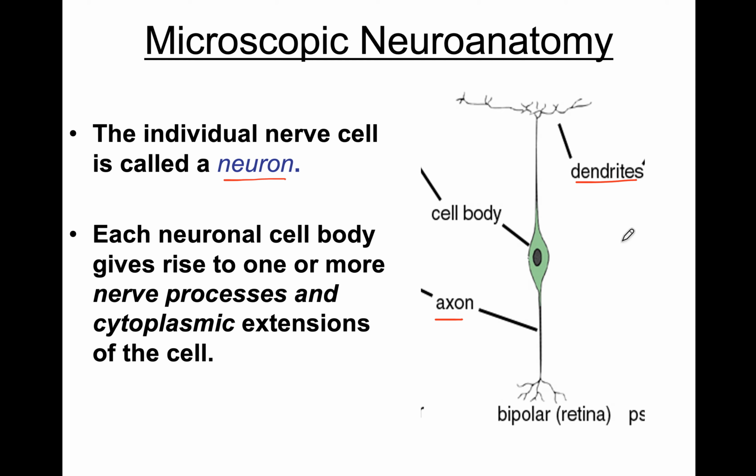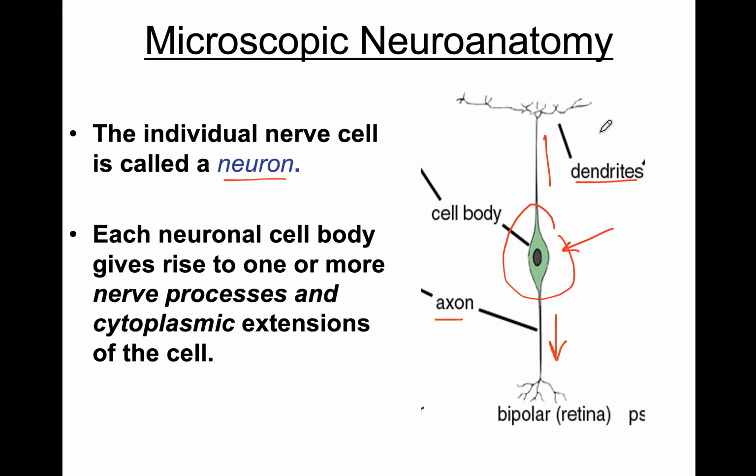And these neurons consist of a neuronal cell body, and we have these processes.